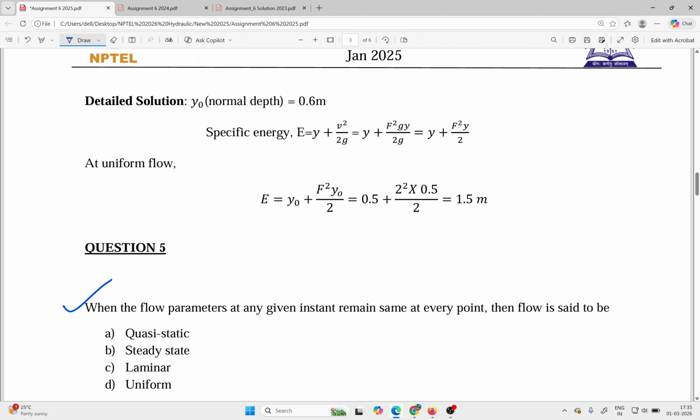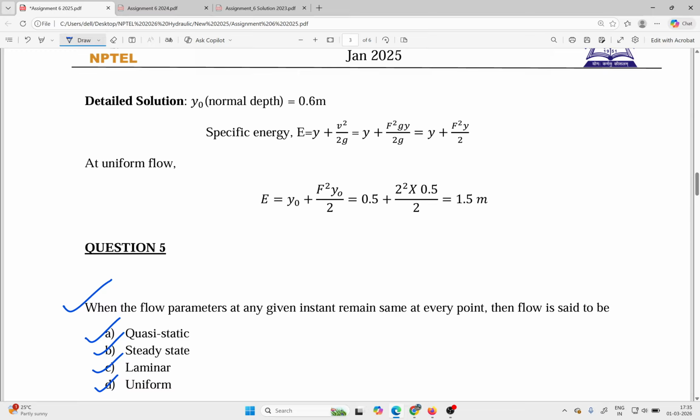When the flow parameter at any given instant remains the same at every point, the flow is said to be quasi-static, steady state, laminar, or uniform.